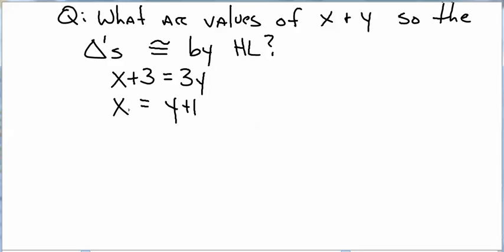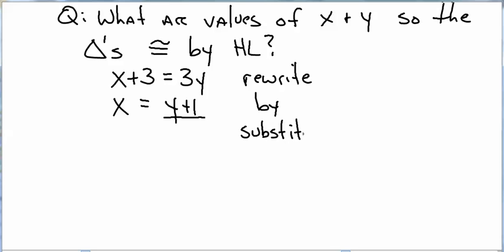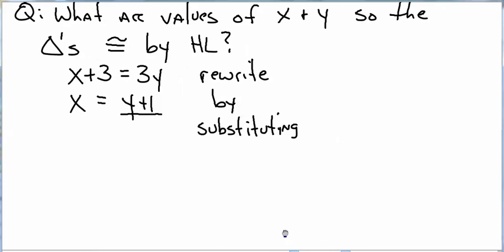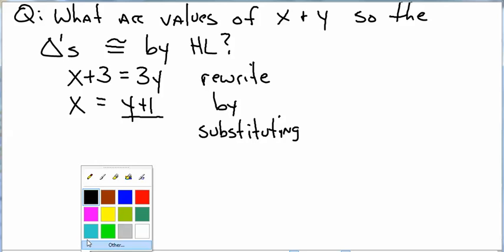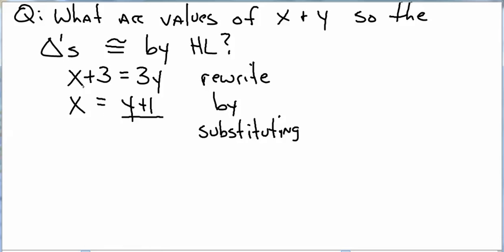What you do now is you substitute. You do what's called the substitution method. You know that x is equal to y plus 1, so you rewrite the top equation by substituting. Where there's an x in the top equation, what can you put there?